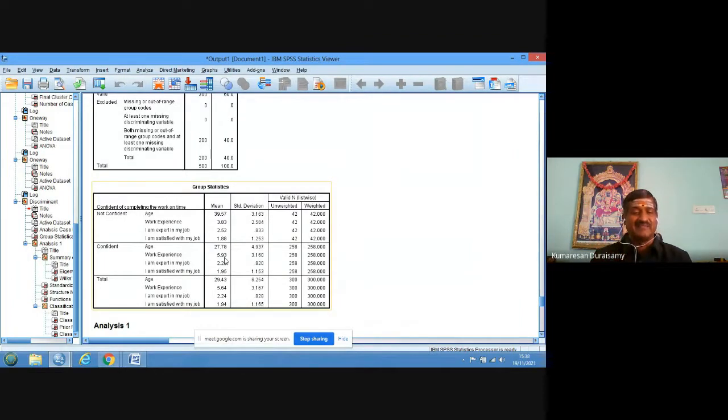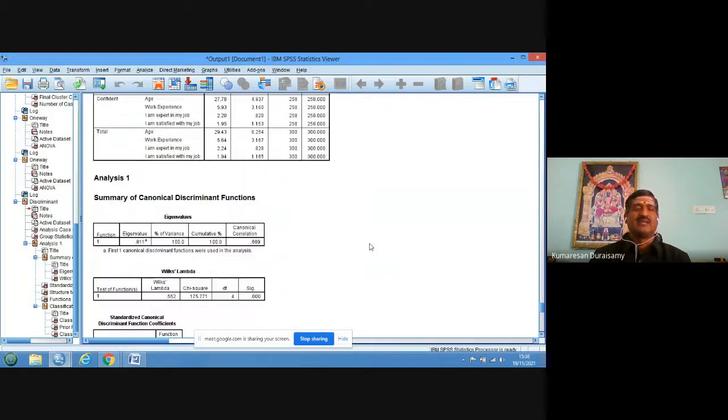More experienced staff members have more confidence, right? So age-wise, younger employees have more confidence and aged employees have lesser confidence. Experience-wise, junior employees have no confidence and senior employees have more confidence. That is what we can understand from this.